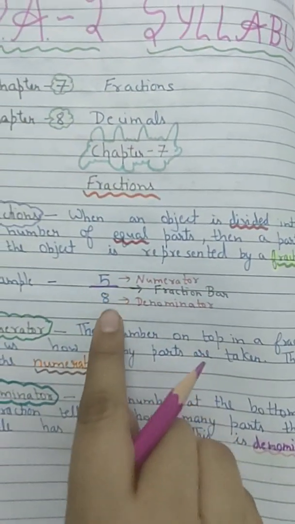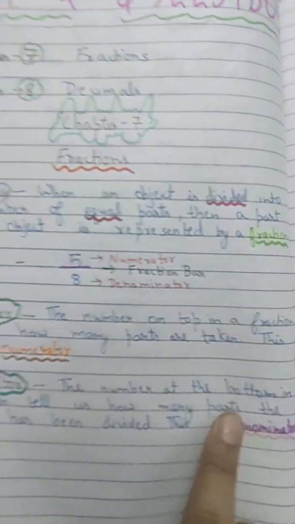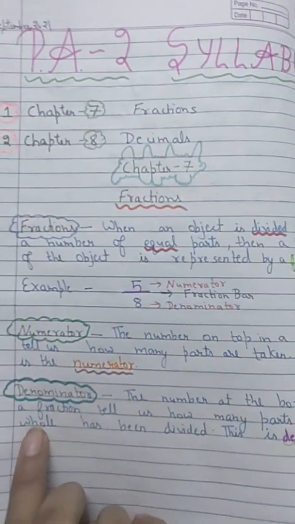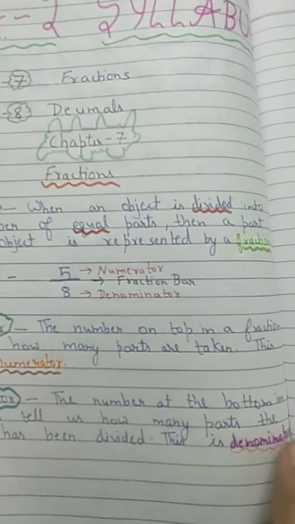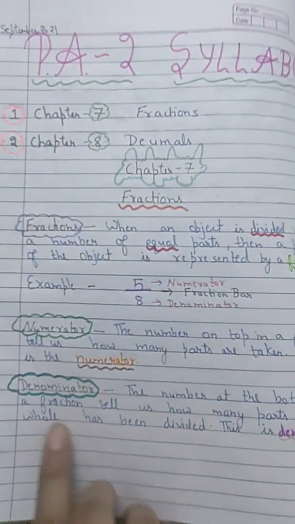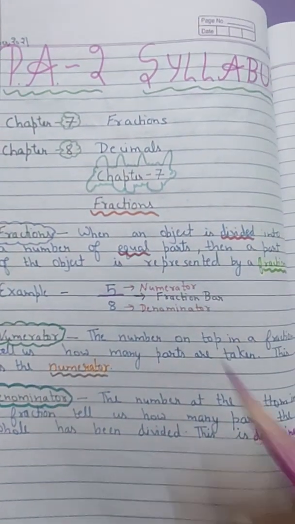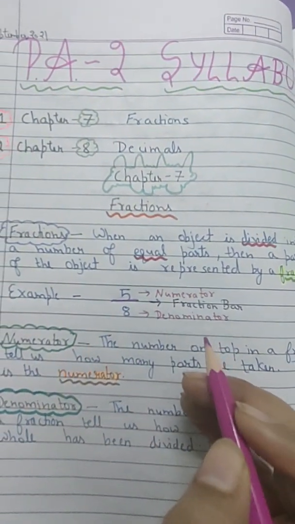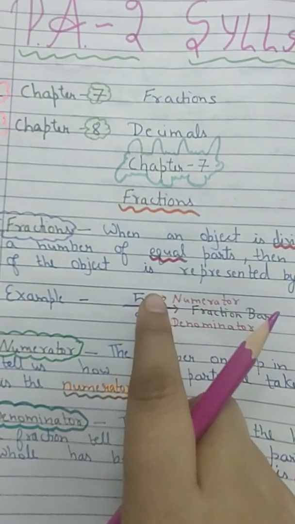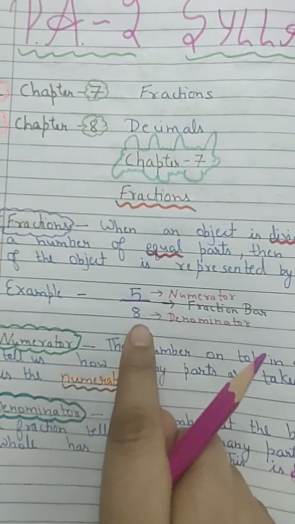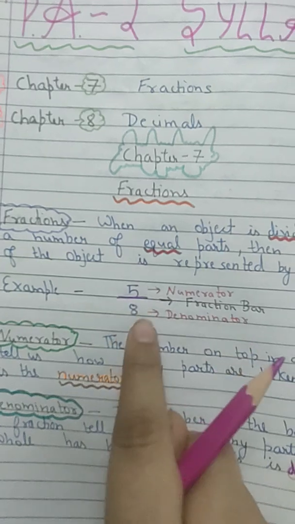The number at the bottom of the fraction tells us into how many equal parts the whole has been divided. So the numerator tells how many parts we have taken, and the denominator tells into how many equal parts the whole thing is divided.